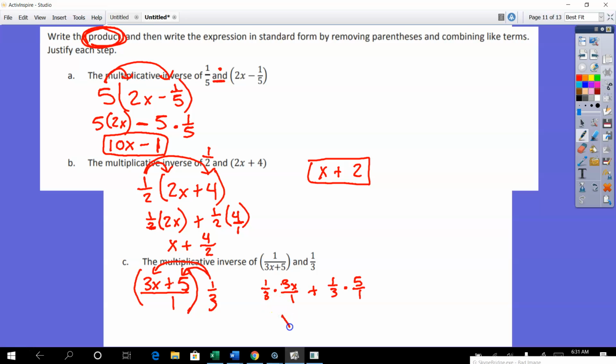So we know that this is equal to x plus 5 times 1 is 5, 3 times 1 is 3, so x plus 5/3.